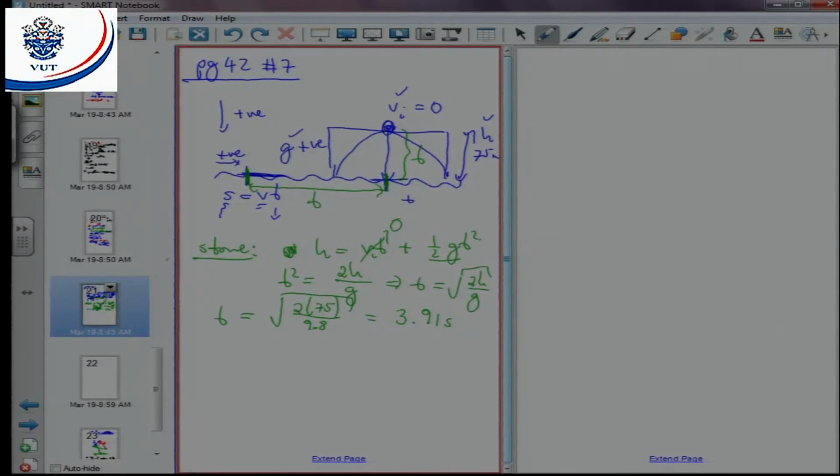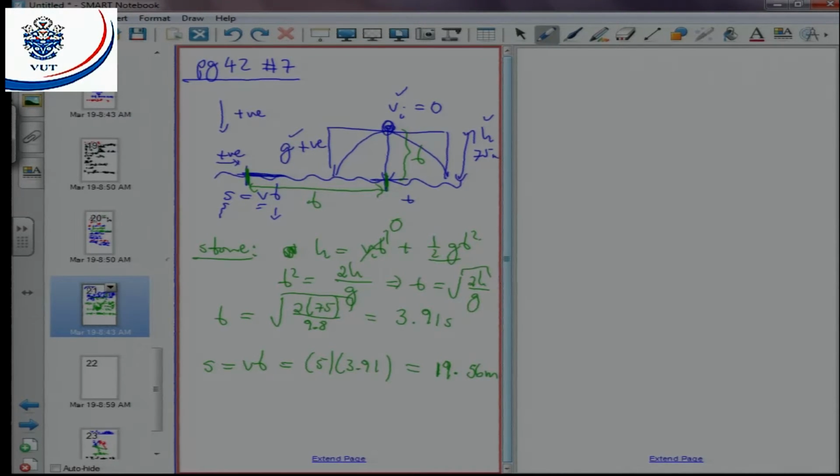So s equals vt. v is 5 and t is 3.91. Multiplying these two, s is 19.56 meters. Okay, so that solves question number 7.